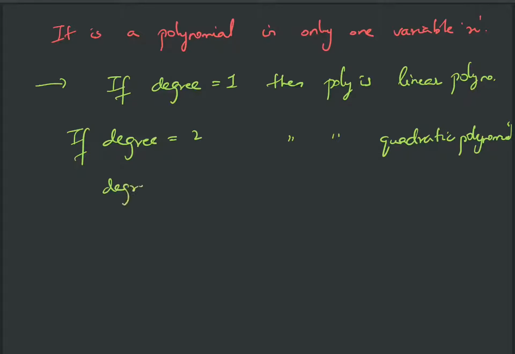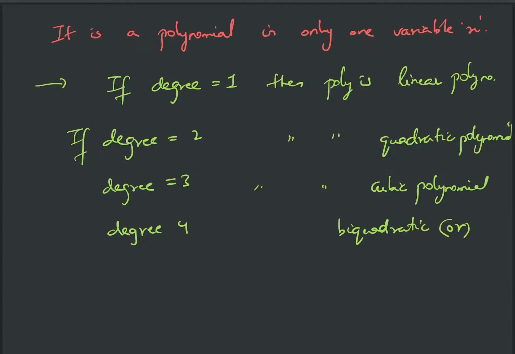And if degree is 3, then you can call the polynomial a cubic polynomial, and if degree is 4, then you can call it a biquadratic. Or there is one more name for this, that is quartic polynomial. Right? So these are some classifications based on degree of the polynomial.